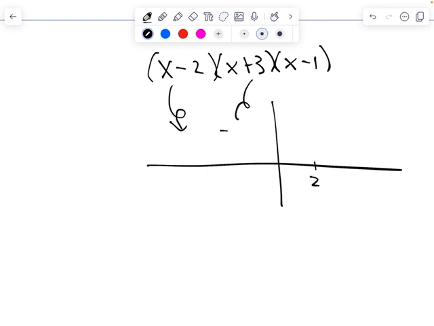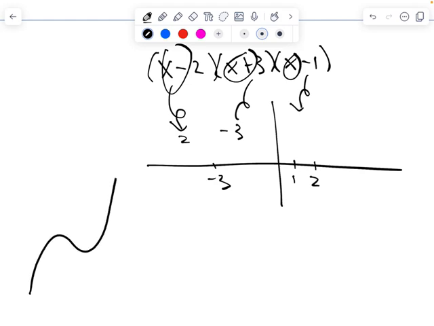This one right here goes through at negative 3. And this one means I flip the sign and go through at positive 1. So now this is a first, second, third degree polynomial. Third degree polynomials behave like this. I approach this one from below, and then like this, and that is my polynomial graphed.